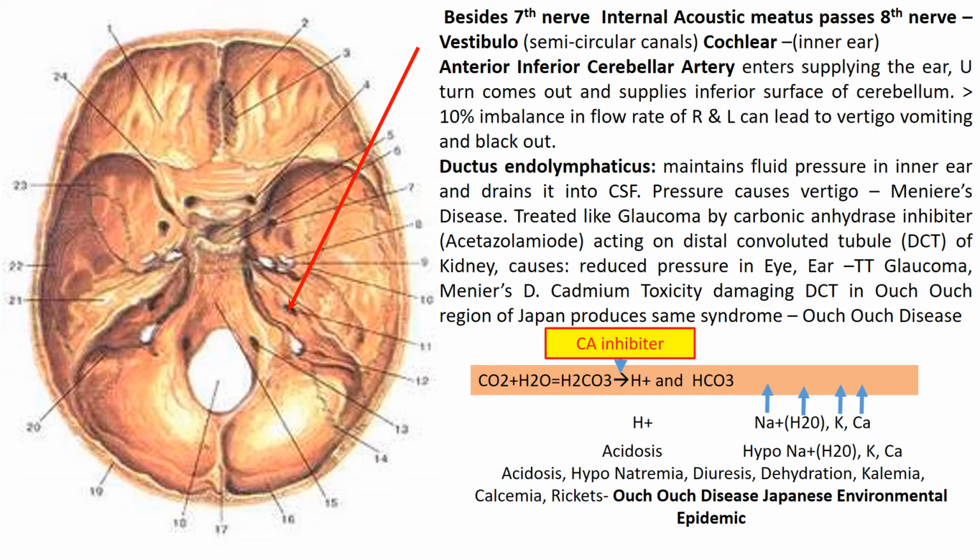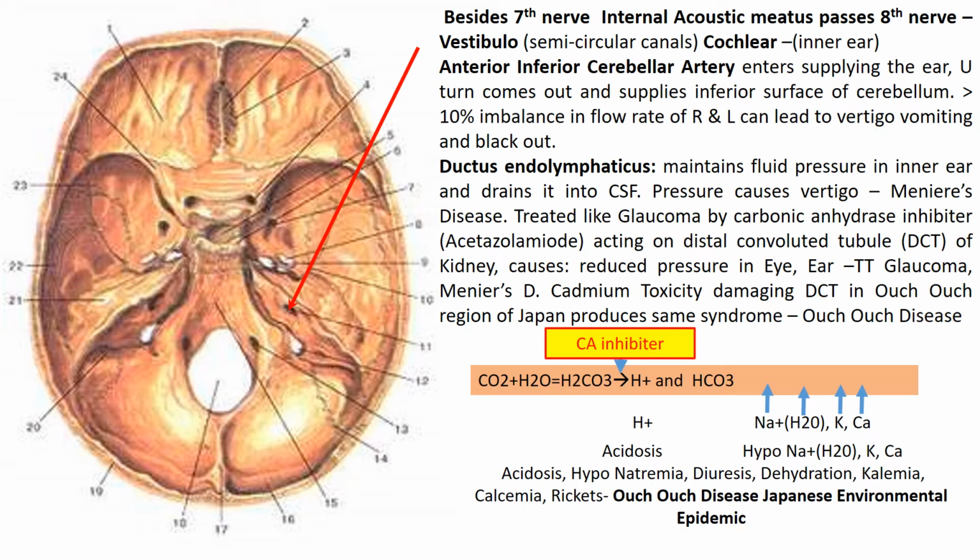The CO2 and H2O could not convert into H2CO3, H ion and HCO3 ion. The H ion had to go out and sodium, potassium, calcium along with an obligatory amount of water had to come in. When this system failed, H ion increased in blood causing acidosis, and there was hyponatremia, dehydration because of water deficiency, hypokalemia and hypocalcemia.